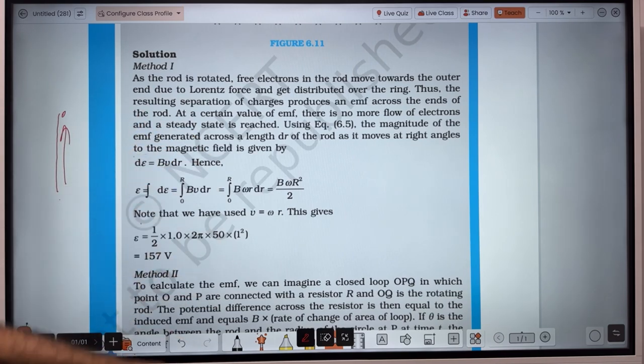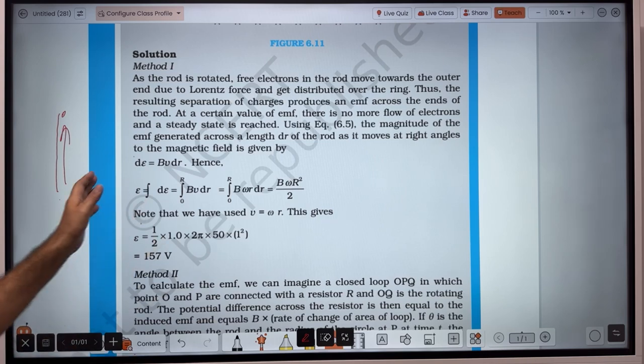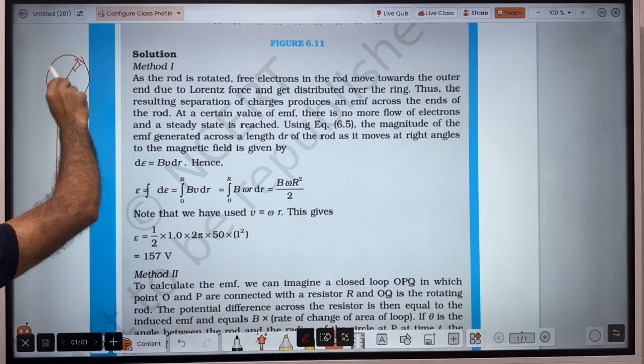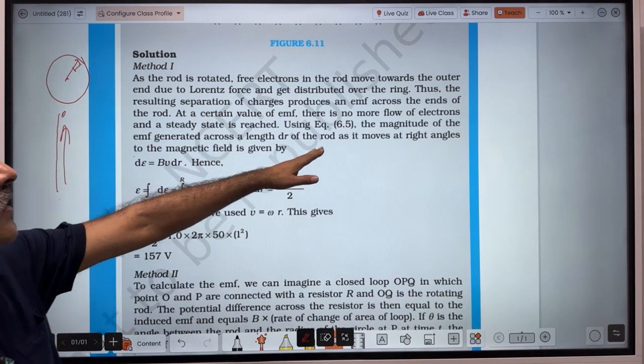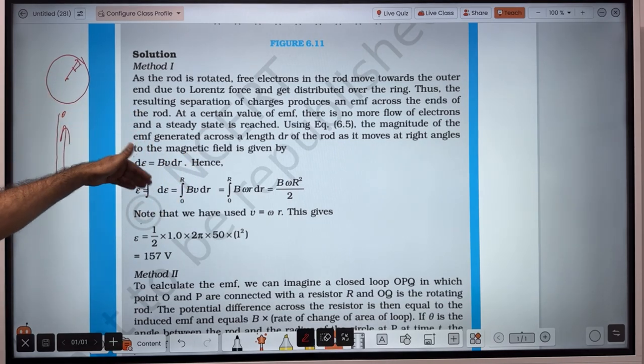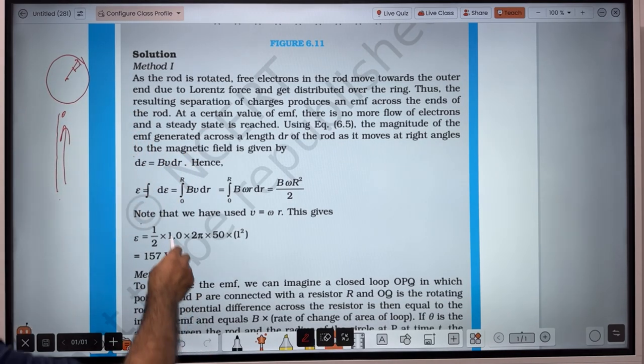So the magnitude of the EMF generated across a length dr of the rod: as in the previous case, we can consider a small length dr. Across dr of the rod, it moves at right angles to the magnetic field. The magnetic field is perpendicular, downward. So dE equal to BV dr, right?